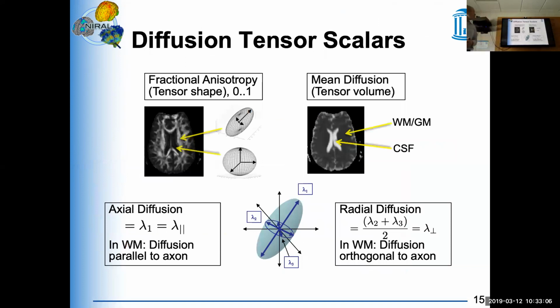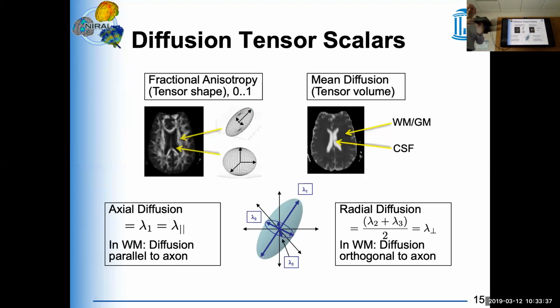Here we see two standard images. This is FA, and this is a diffusivity image. You can see that they look very different. They capture very different aspects of the underlying microstructure. The mean diffusion is high in areas like the CSF, a little bit lower in the gray matter, and the white matter is the lowest, but it's nowhere really zero.